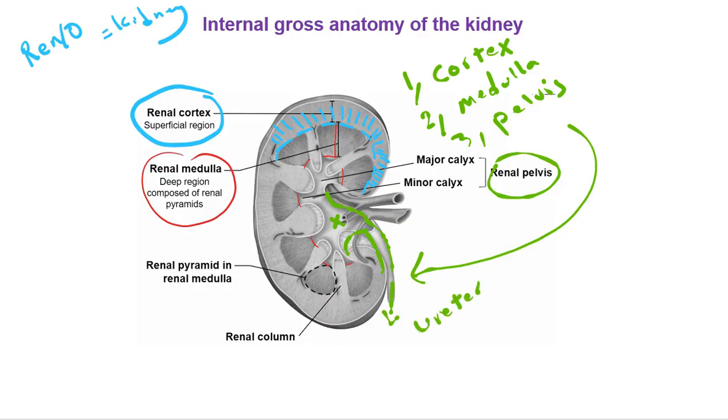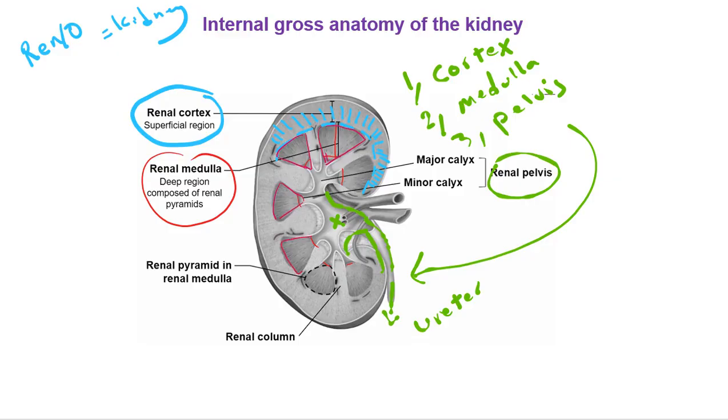Okay, in the renal medulla, we can find these structures. These cone-shaped structures are each called a renal pyramid because of their pyramid shape.